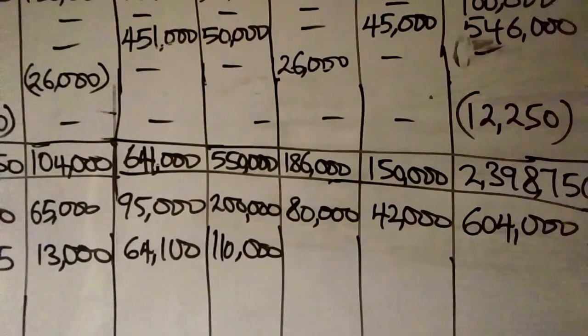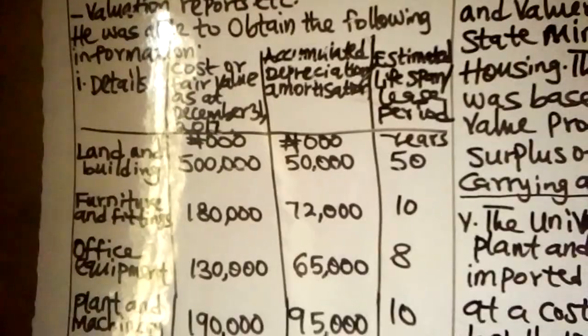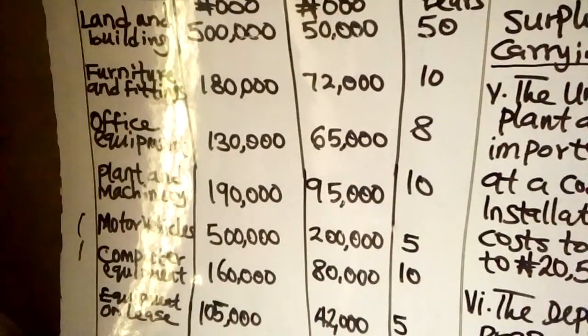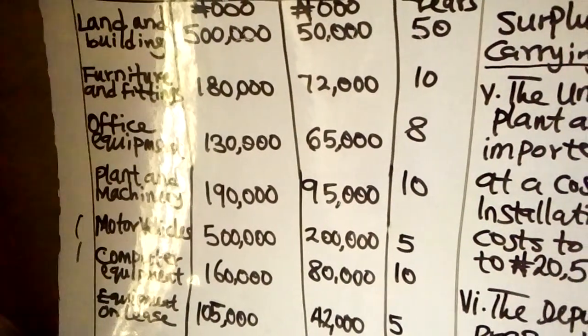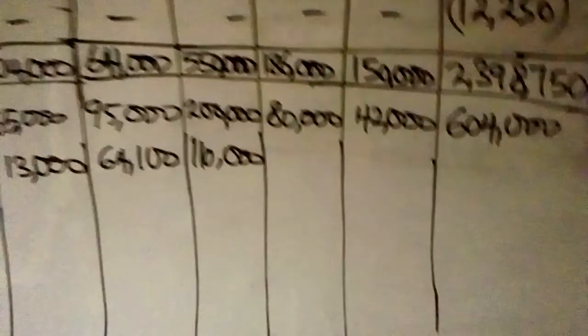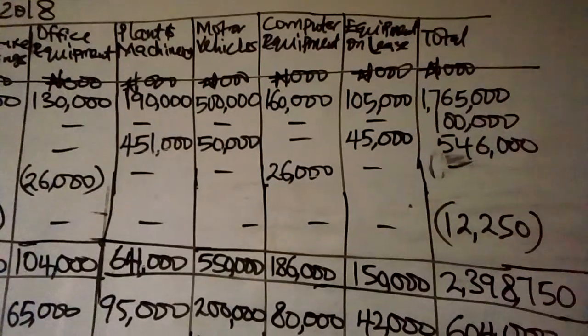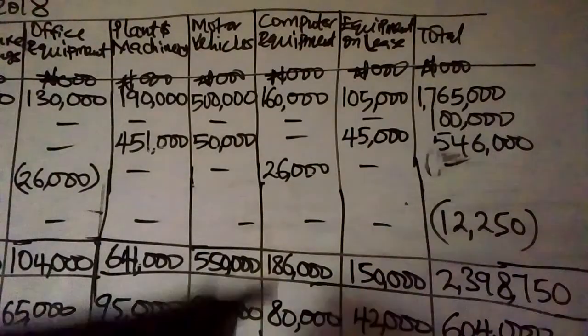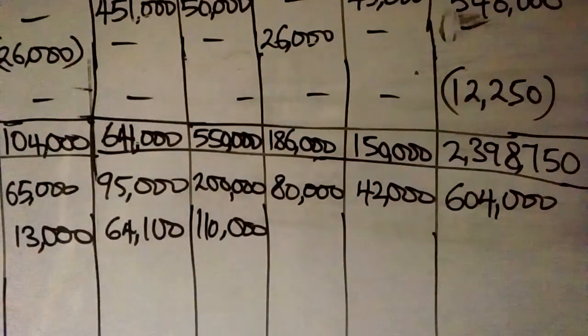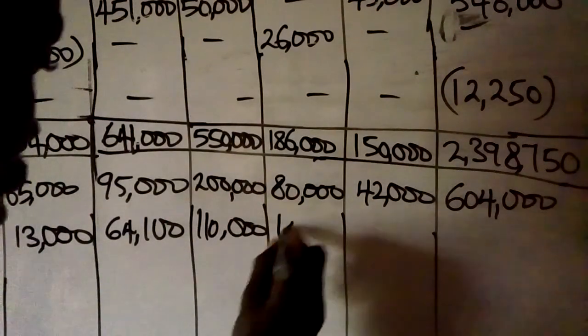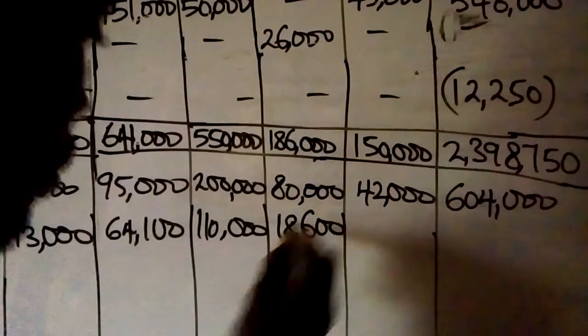For computer equipment, the life of computer equipment is 10 years, and you have 186,000 for computer equipment. 186,000 divided by 10, then you have 18,600.